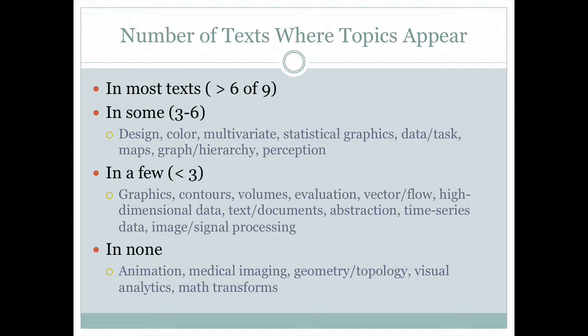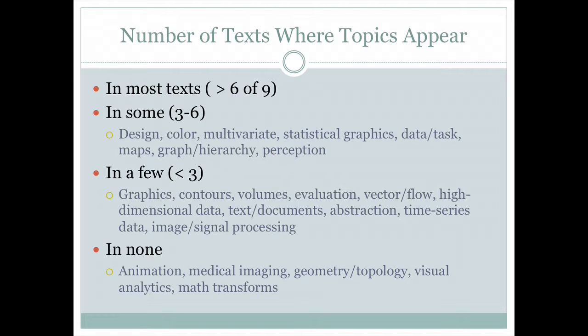And these were once again mostly the foundational things: design, color, data, task, and perception, and then a few technique and situation kinds of things: statistical graphics, maps, and graph and hierarchy visualization. The technique things are all more from the non-spatial InfoVis side. There were some things that appeared in a few, which means less than 3.